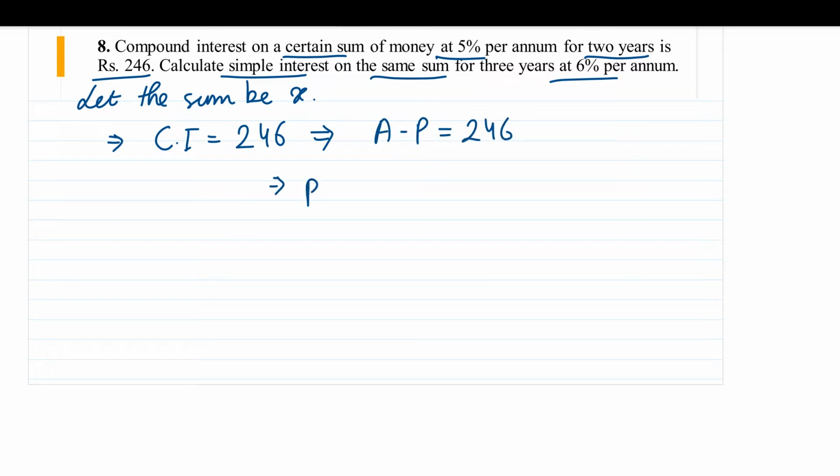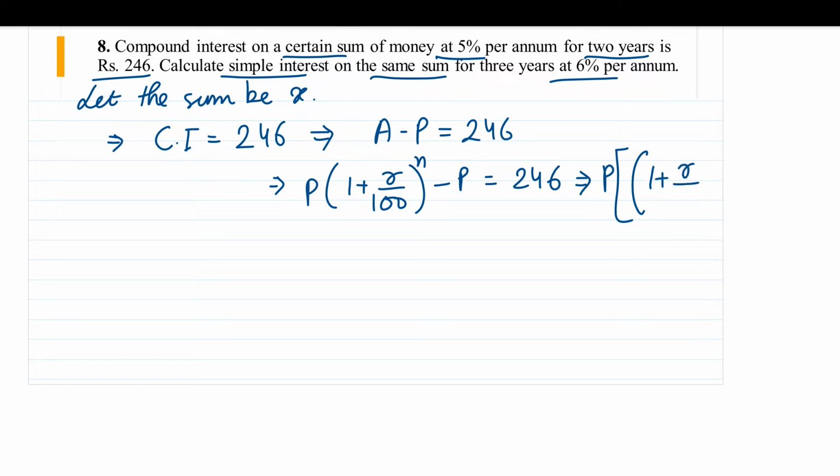That is P times (1 plus R over 100) to the power n minus P is equal to 246. We can take P common and it will become P times ((1 plus R over 100) to the power n minus 1) is equal to 246.